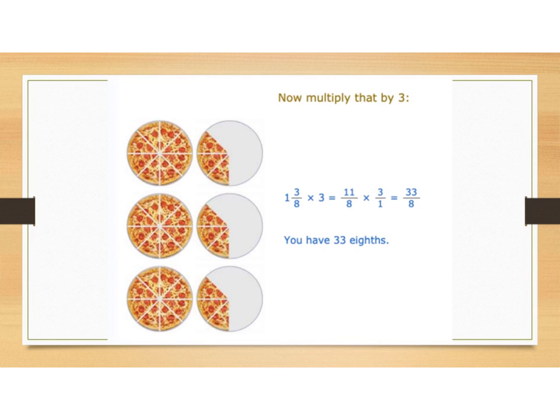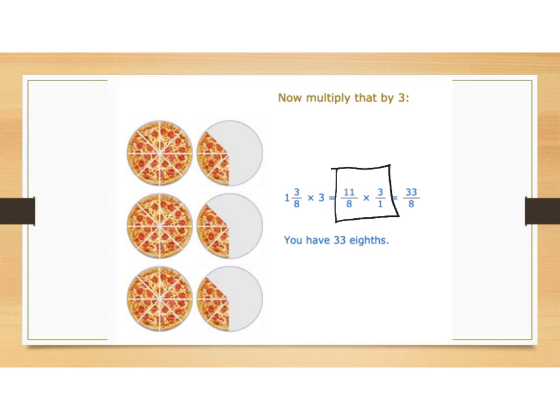Now you are going to multiply that by 3. So you are going to take 11/8 and multiply that by 3 over 1. Well, look at the image. You have 33/8.